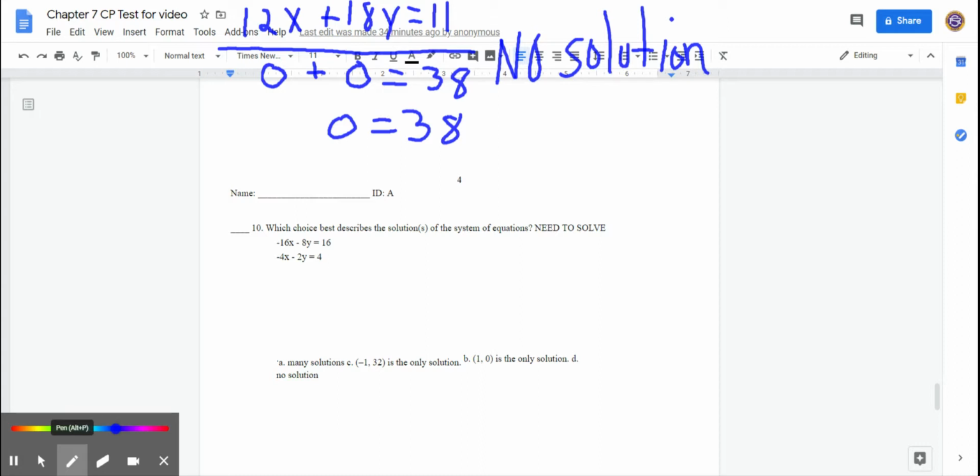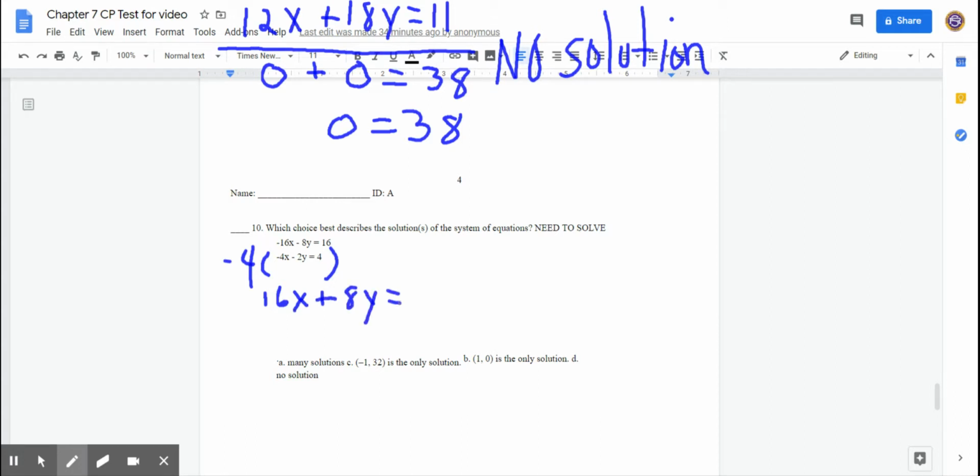So then my x's will cancel out. So I'm going to multiply that second equation by -4. -4 times -4 is +16x. -4 times -2 is +8y. -4 times 4 is -16.